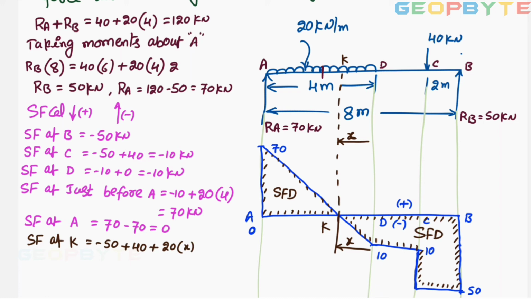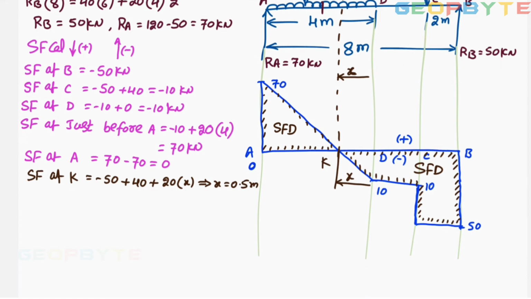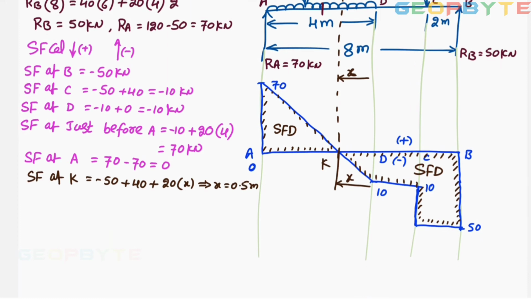From this you can find that x equals 0.5 meters. That means the maximum bending moment is occurring at a distance of 0.5 meters from D, or 4.5 meters from B. So at that point you need to find the maximum bending moment also.